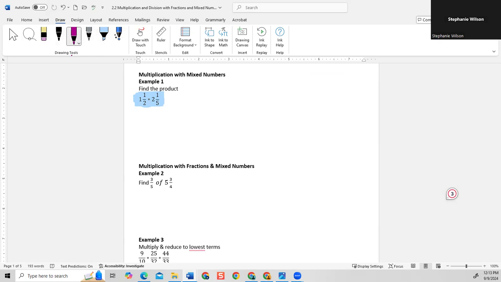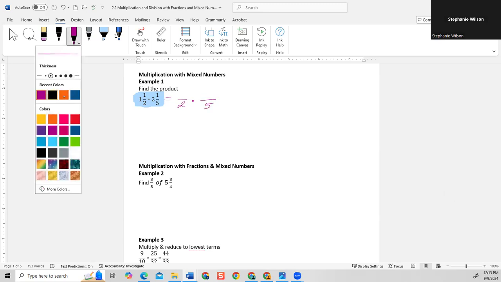So let's do this. First things first, I want to get this into improper form and then reduce if possible and multiply straight across. The one thing that does not change in this process until we start multiplying or reducing is the denominator. So I'm going to bring it over here and write it down. Next, we're going to figure out our new numerator.